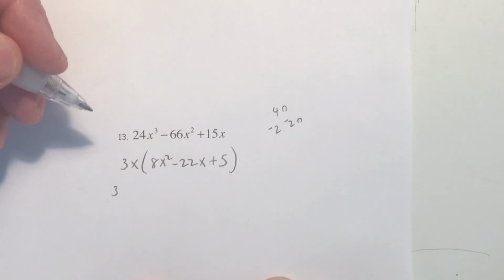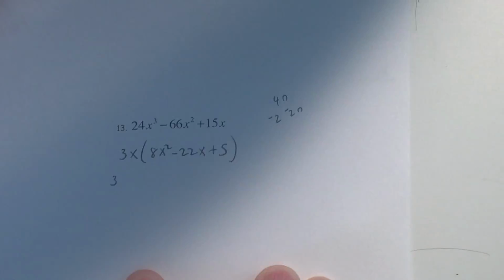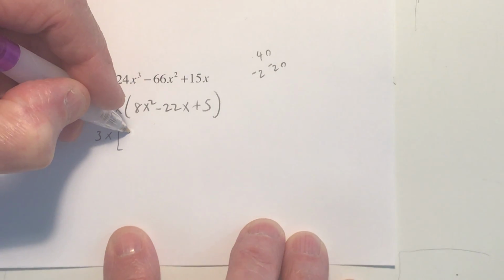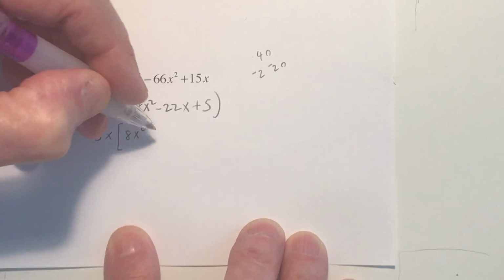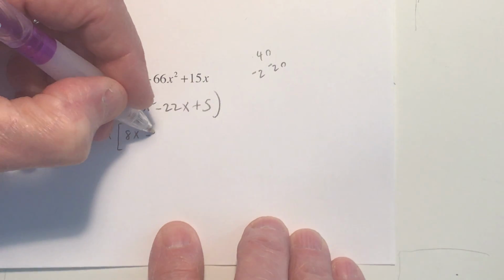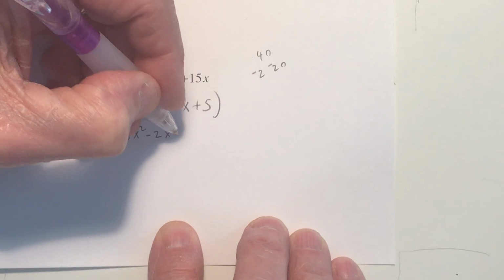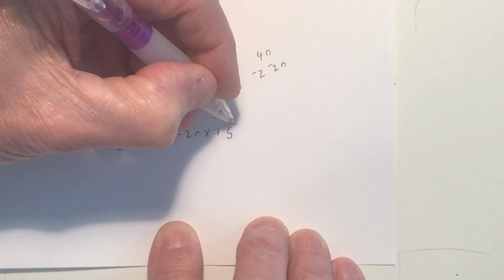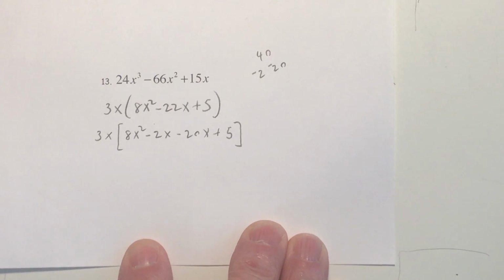So I go to this little rewrite step. I'm going to use a square bracket just to make it easier to read. Instead of minus 22x, I'm going to write minus 2x minus 20x, and then plus 5.